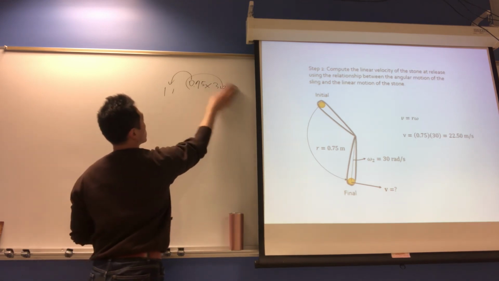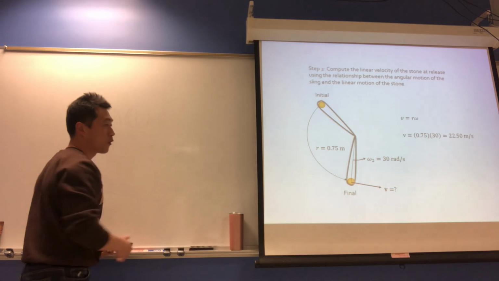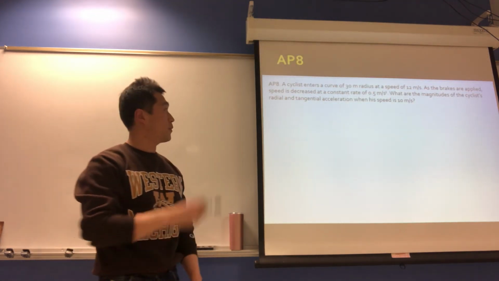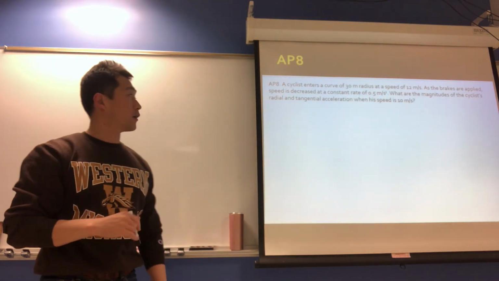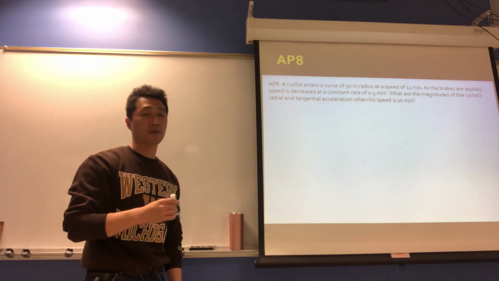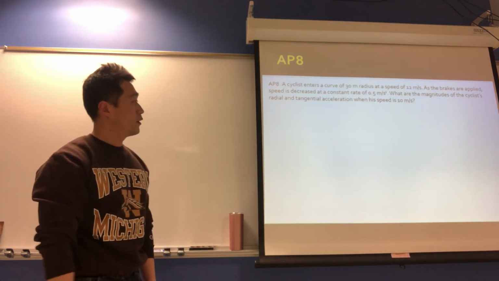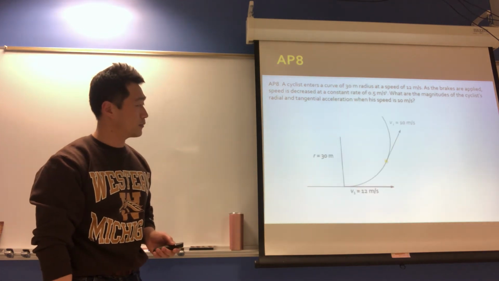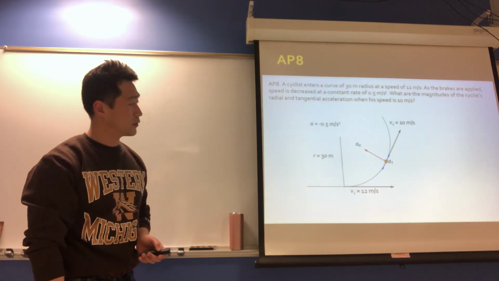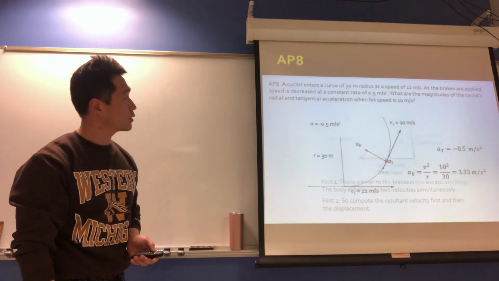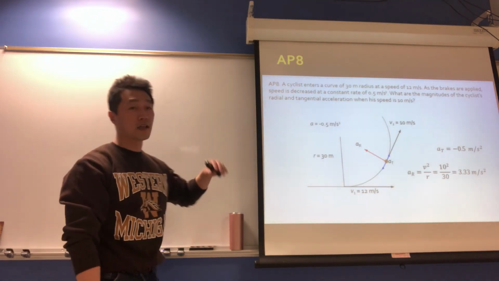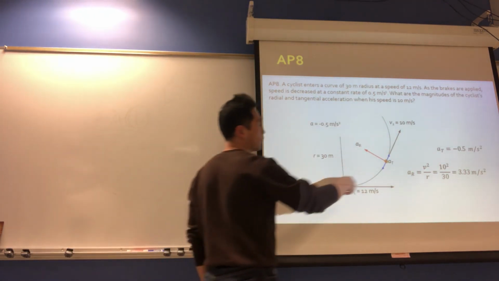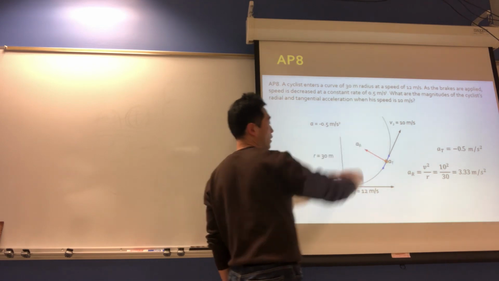Okay, the last one. Let me go over one more. This is AP5, problem number 8 from chapter 11. This is the cyclist problem. Let me simply visualize this one first. This is a track for cycling.